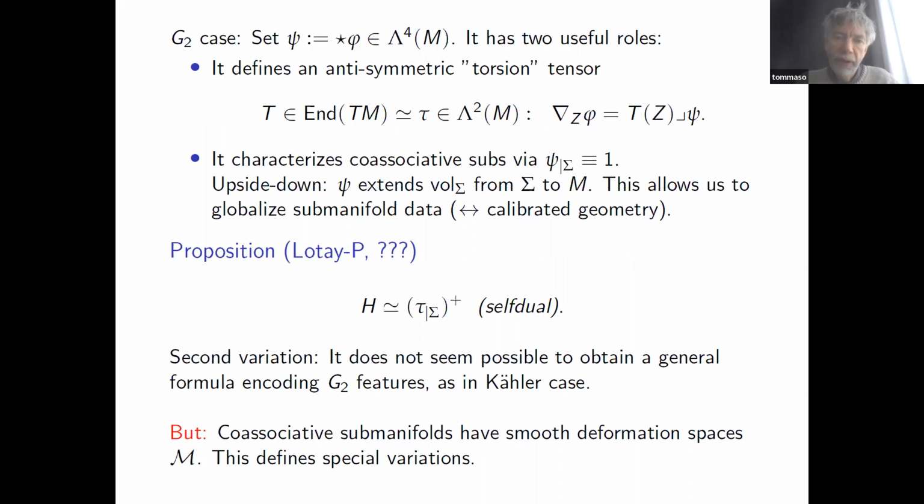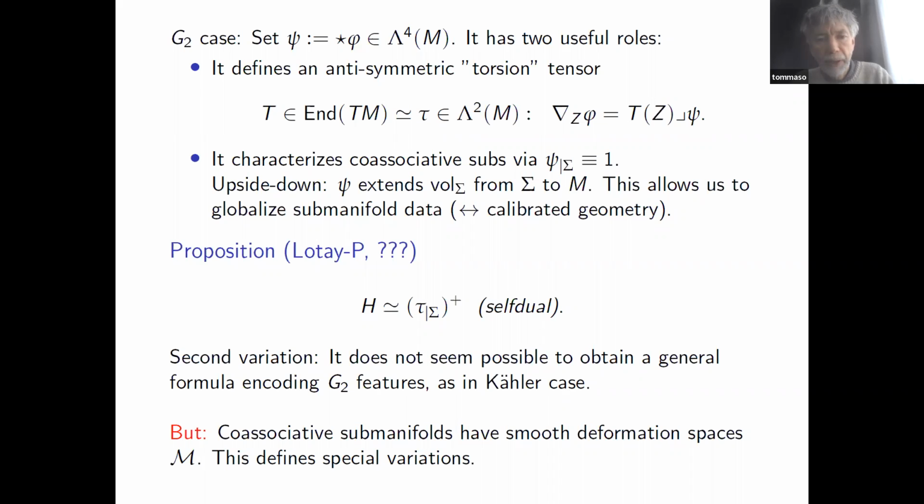And so what you are saying is that the local data of the volume form on the submanifold extends to the whole manifold and becomes a well-defined tensor psi on the whole manifold. And so it is interesting to see how much of the extrinsic geometry or intrinsic geometry of the submanifold has a global extension.